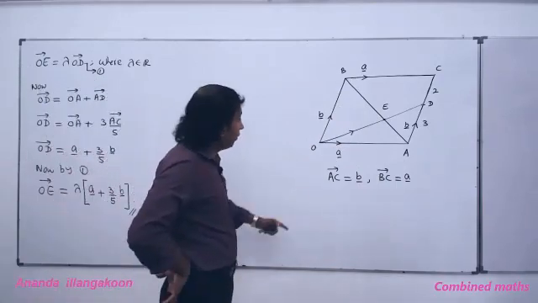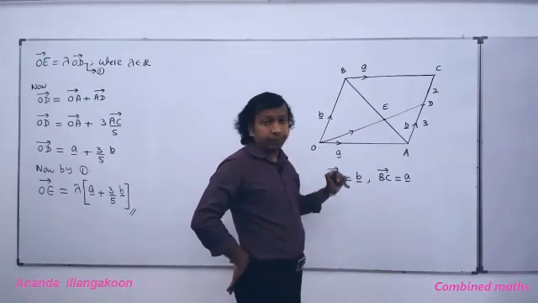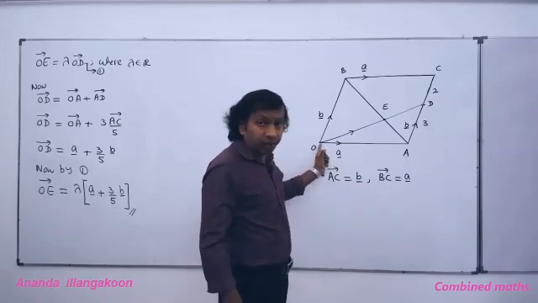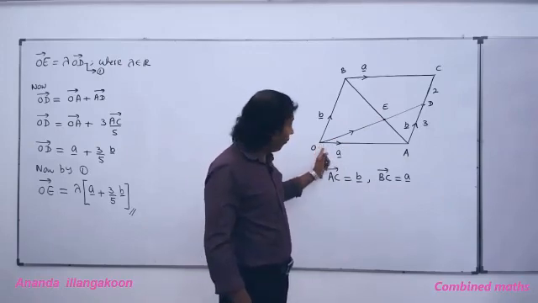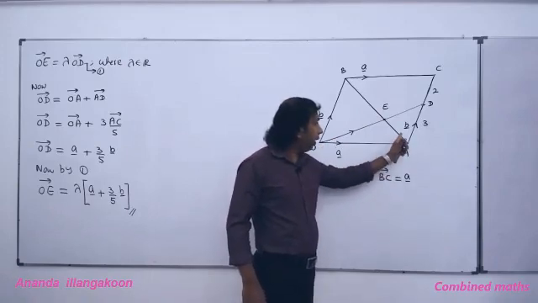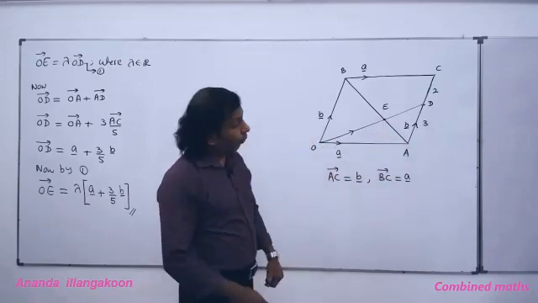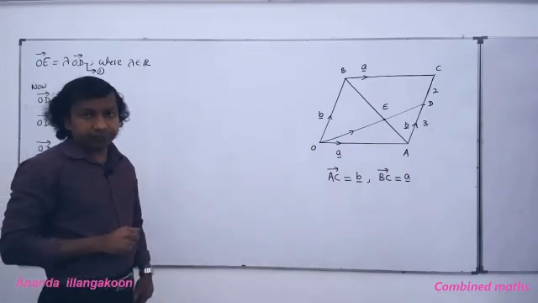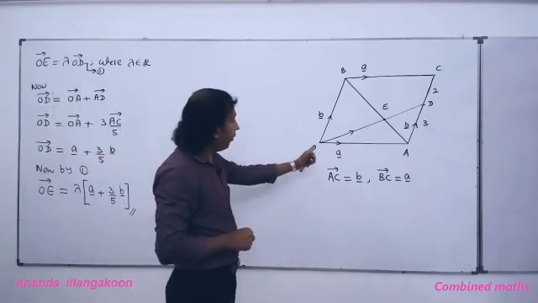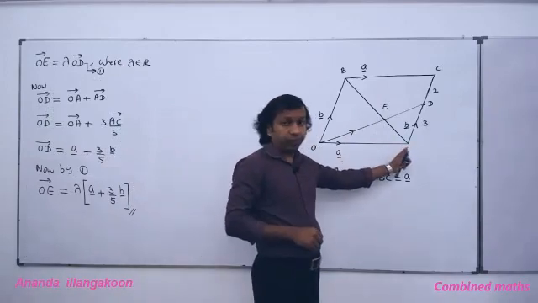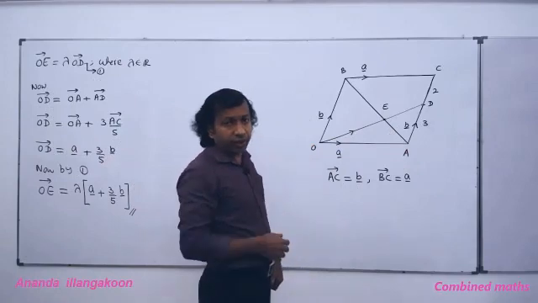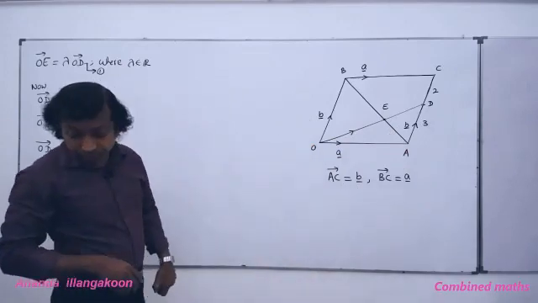Because you can see here, the OE vector we can write by using the triangle law of vector addition: OA plus AE. OE vector I can write as OA plus AE. The OA vector we have, but the AE vector we don't know. So let's try to find this AE vector.